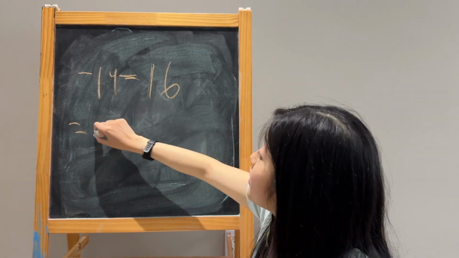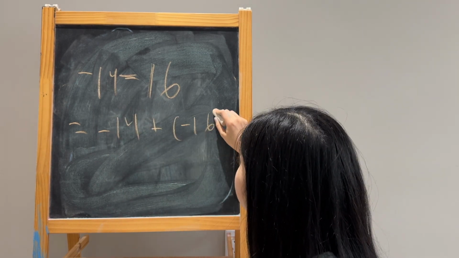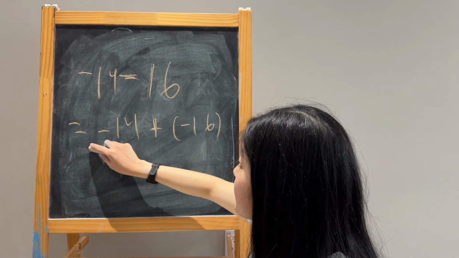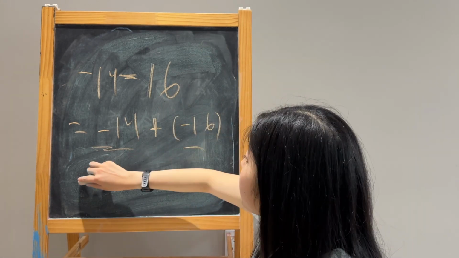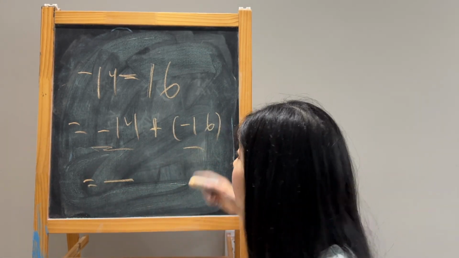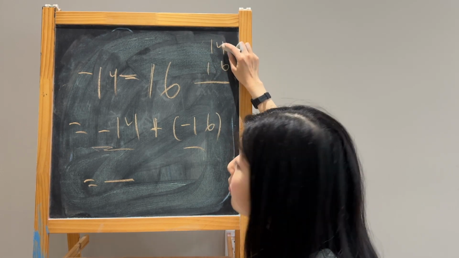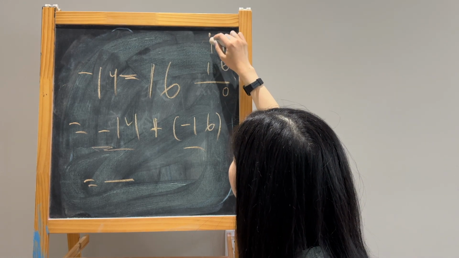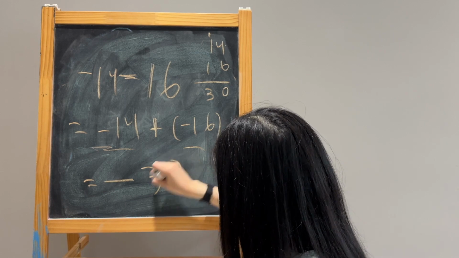You can just do negative 14 plus negative 16, like so. And this, right, they have the same sign, so we're just adding the two of them together. And we know the final answer will be negative. So 14 plus 16, 4 plus 6 equals 10. We carry the 1. 1, 2, 3, that is 3. So it would be negative 30.